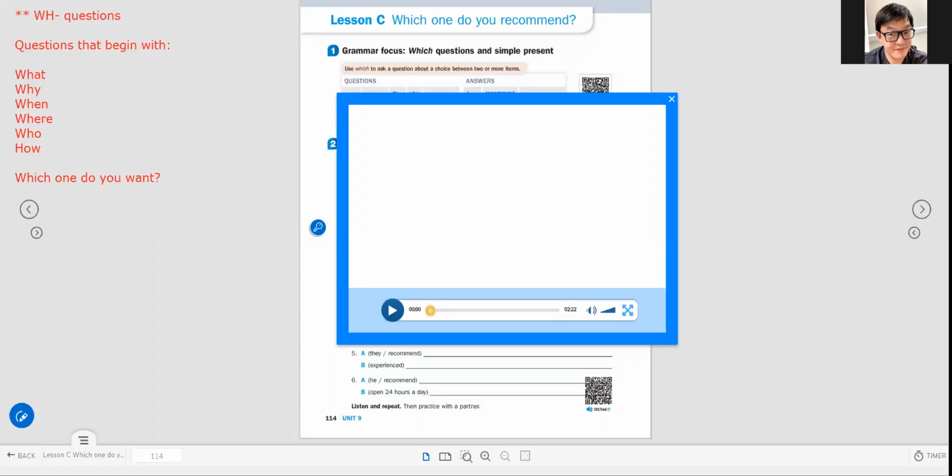Check your understanding. Look at the picture. Complete the question. Which supermarket do you recommend? Look at the picture and read the question. Complete the answer. I recommend Green's Supermarket.